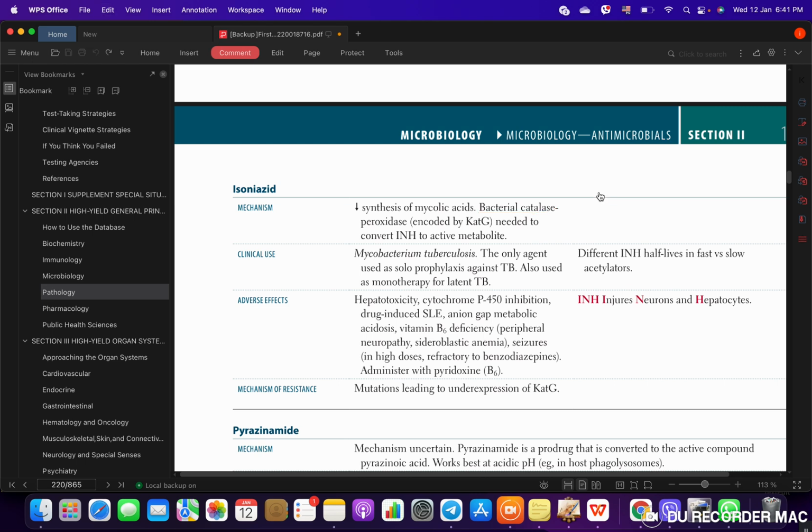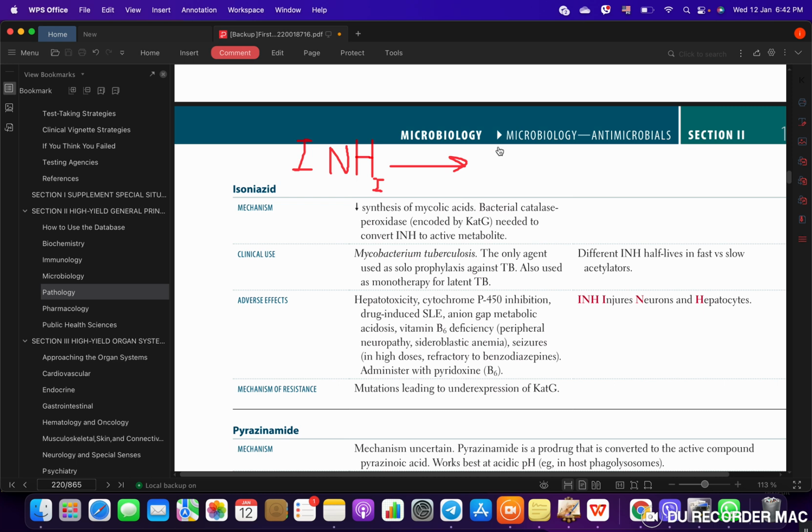Bacterial catalase peroxidase, encoded by the KatG gene, is needed to convert isoniazid to its active form. What do I mean by that? Well, isoniazid, which they love to name INH in the book, is inactive.